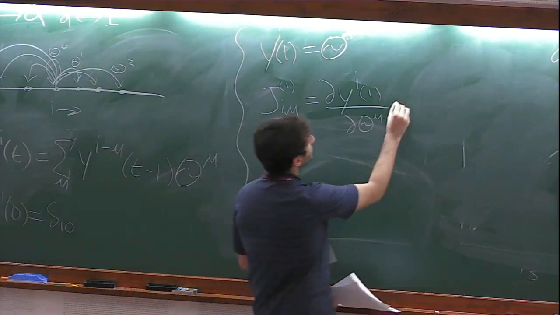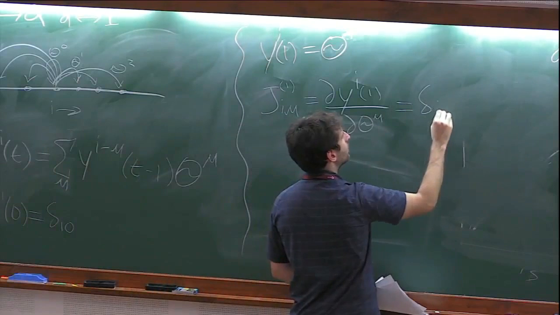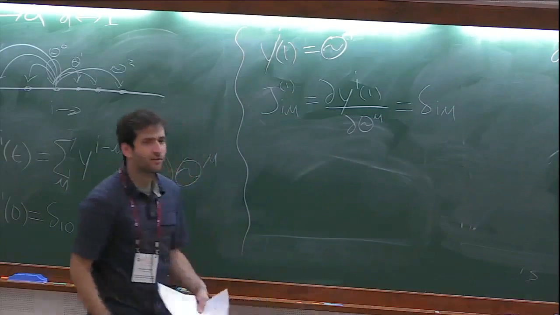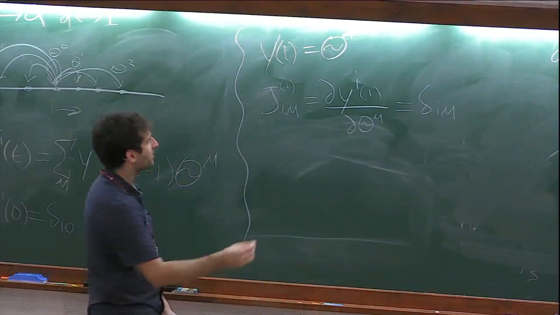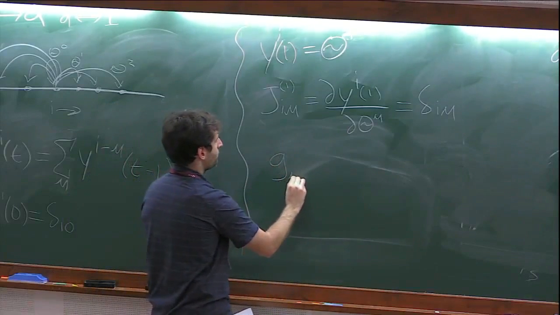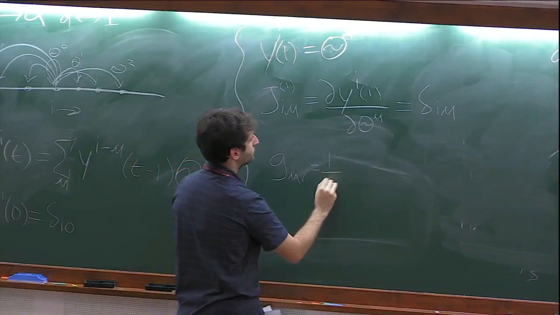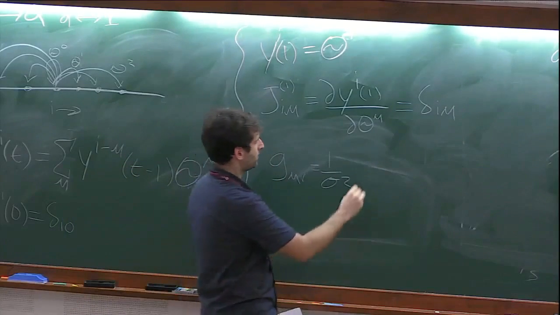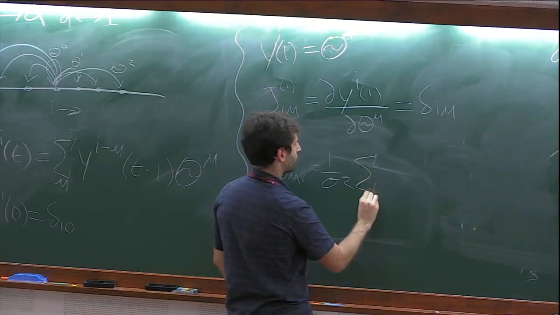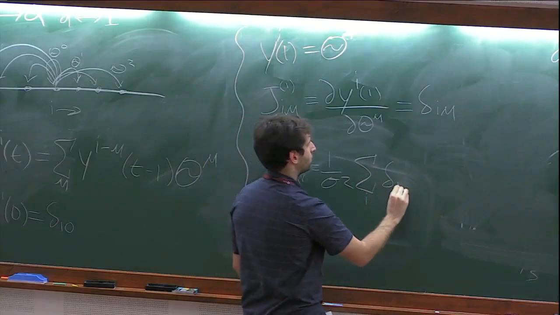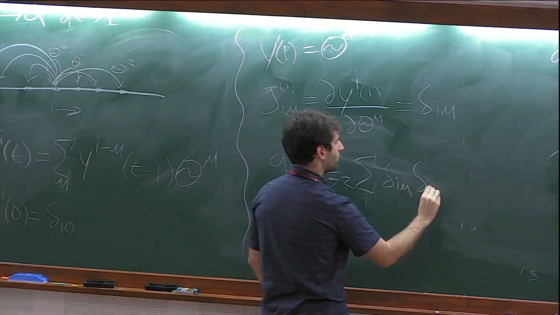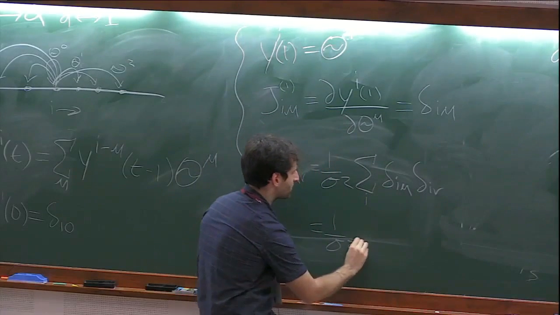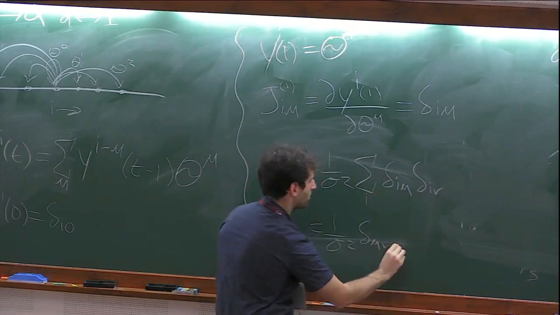Yeah, so this is just the identity. And we can also easily calculate the metric here. So this 1 over sigma squared is going to carry through in all of these. Sum over i, delta_{i mu}, delta_{i nu}. And this is just 1 over sigma squared, delta_{mu nu}.